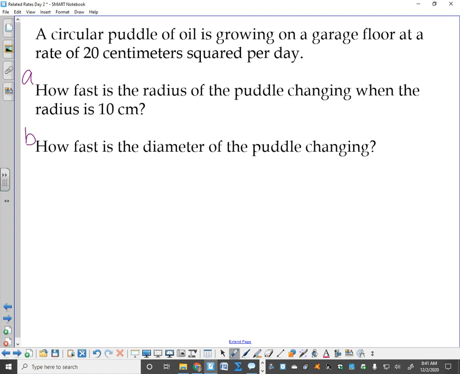So let's talk about what we have. Circular puddle of oil is growing, so that's volume. No, that's area. It's not three-dimensional. Sorry, it's a puddle. So dA/dt, change in the area, is 20 centimeters squared per day.